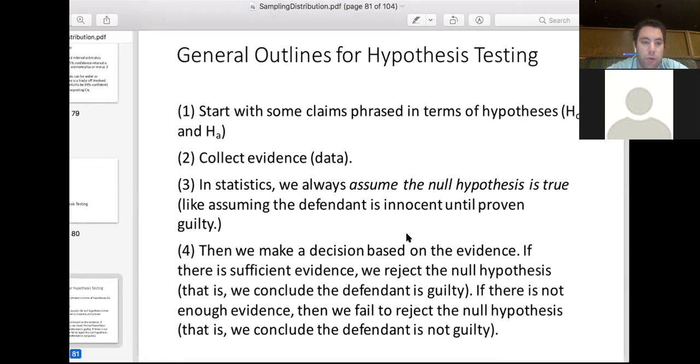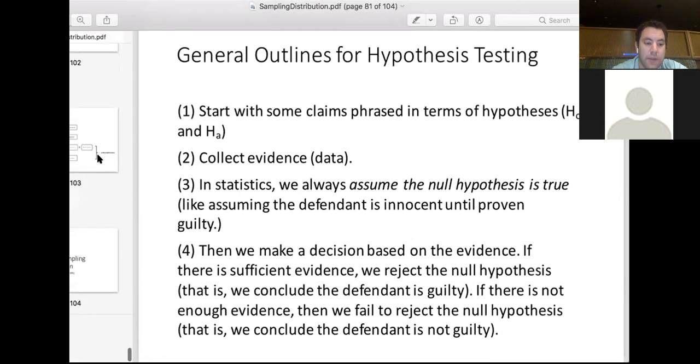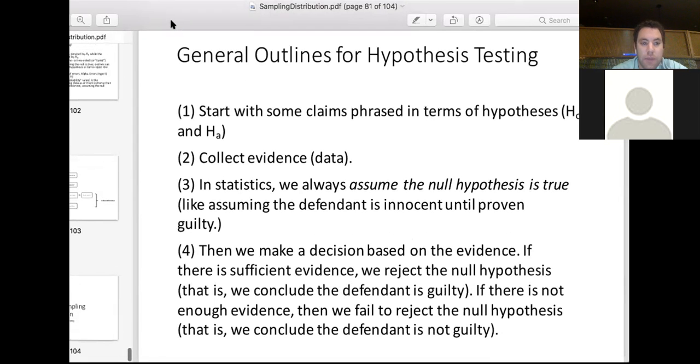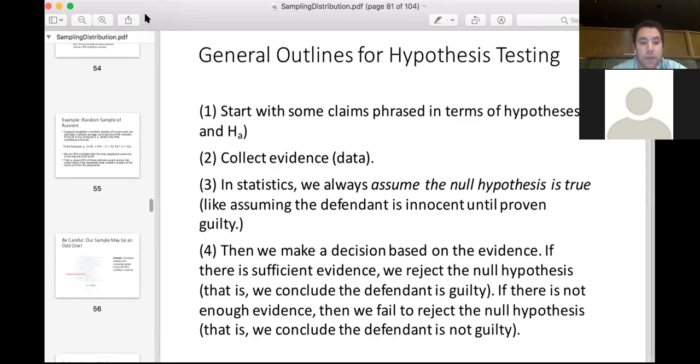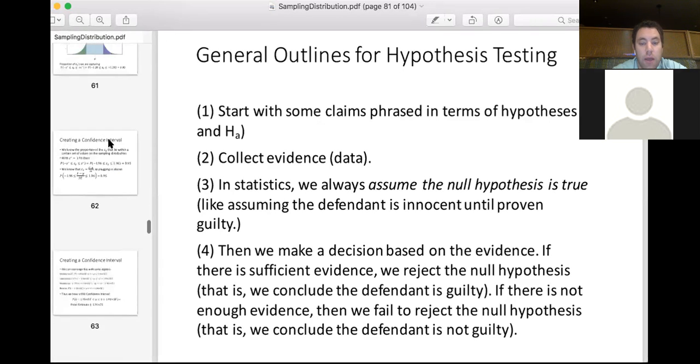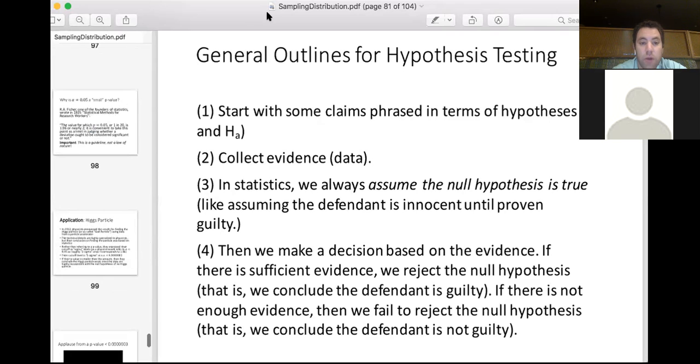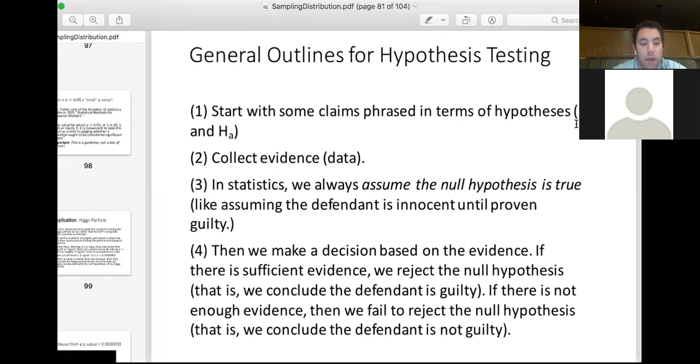In order to have a hypothesis test, there are a number of steps you have to follow. The first is that you have to state your claims in terms of hypotheses, which we call the null hypothesis, abbreviated H naught, and HA, the alternate hypothesis.